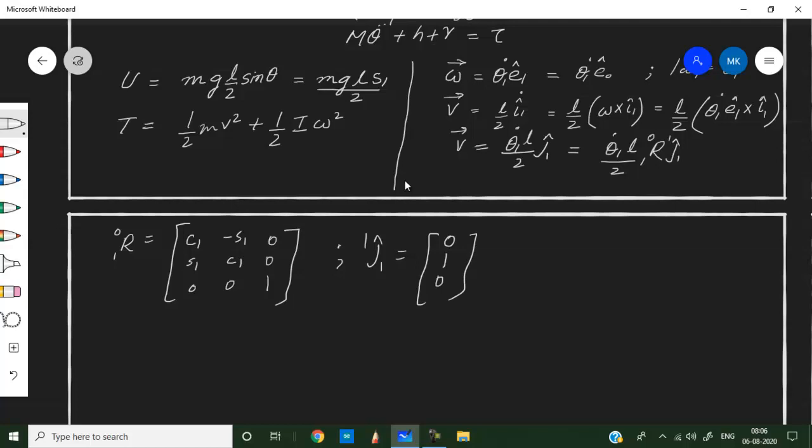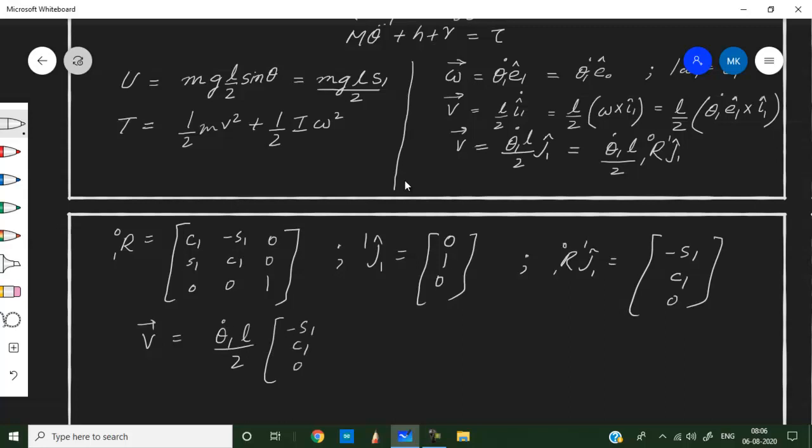So post multiplying this rotation matrix with this will give us R1 0 times J1 1 equal to minus sine theta 1, cos theta 1, and 0. So V will be given by theta 1 dot L by 2 times minus sine theta 1, cos theta 1, 0.